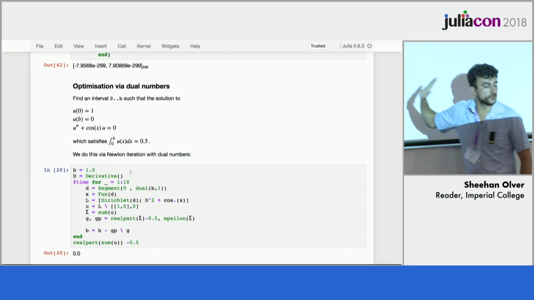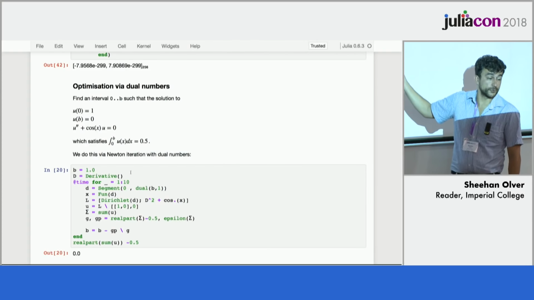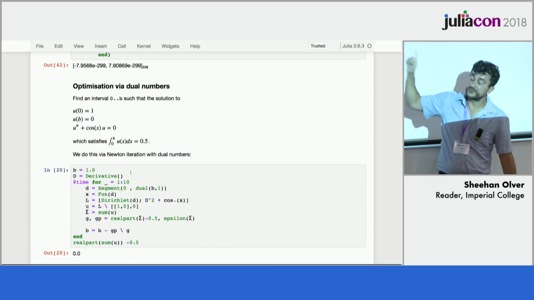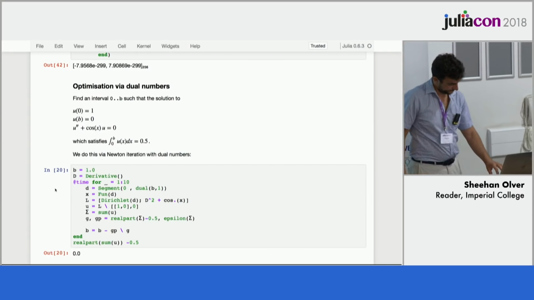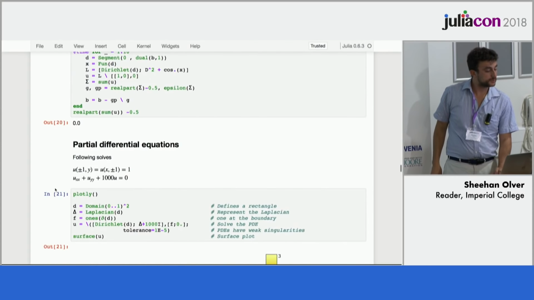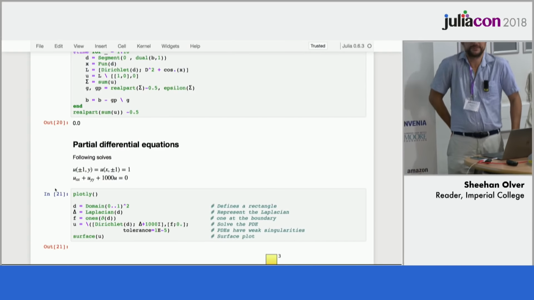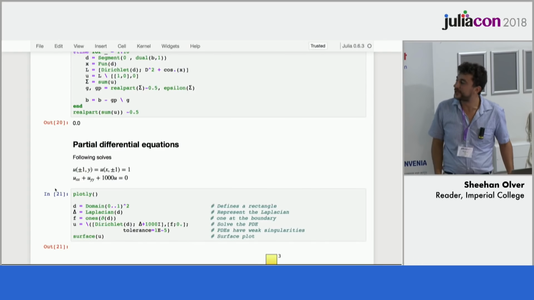It's done all with dual numbers, so we can calculate derivatives in a sense for free, and therefore do a simple Newton iteration to find the interval that solves our nonlinear problem. Okay. So you get a lot of flexibility out of having built everything in Julia. If you say you can do this in another language, I don't believe you.